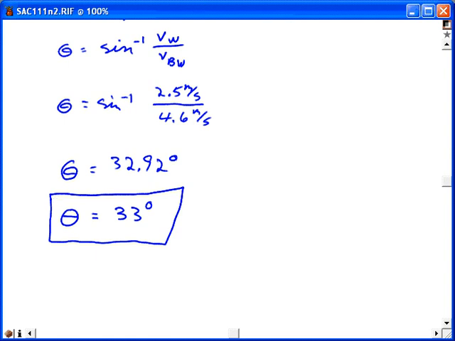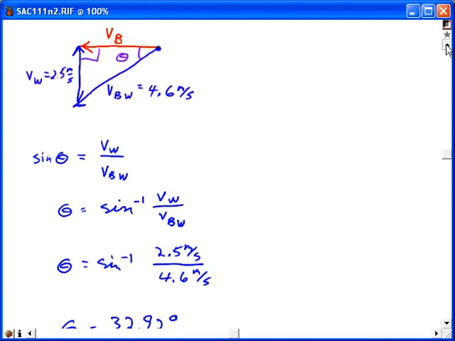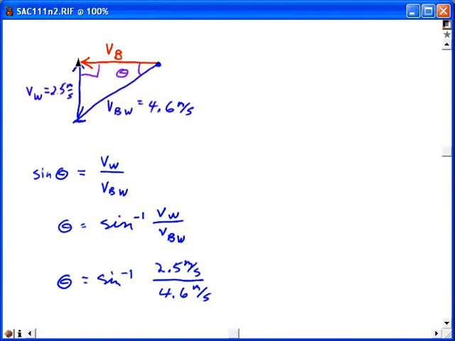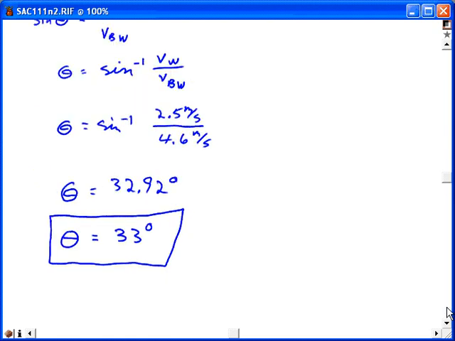The only thing that remains to do is to interpret this result for the reader. This direction is due west, and we're that angle 33 degrees south of west. So I can put that down as an answer in words.